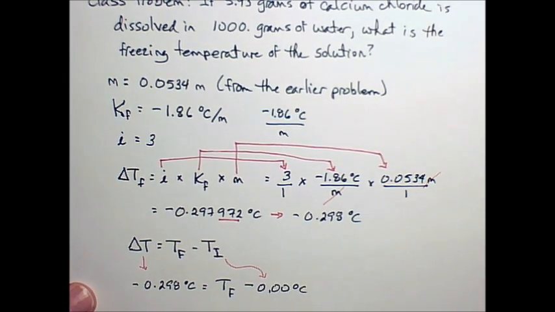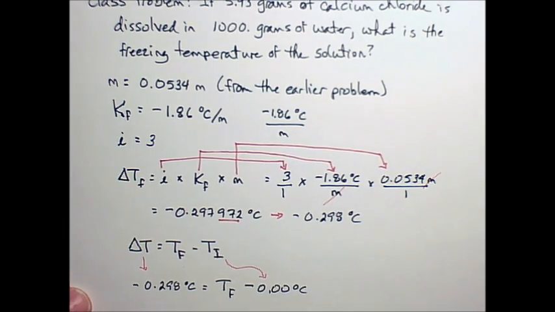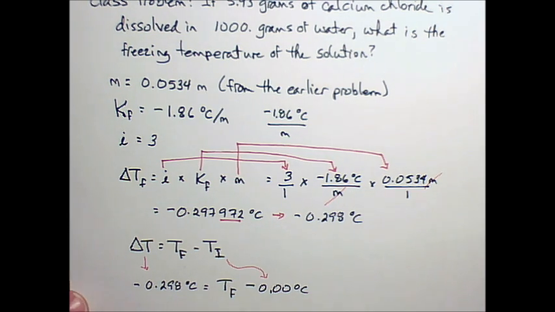Okay? So we just solve for TF. Now this is algebra stuff you've been doing since elementary school. How do you get TF by itself? Bingo. Add 0.00 degrees C to both sides.